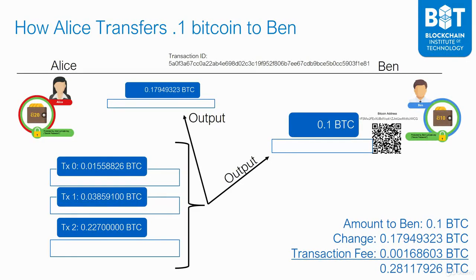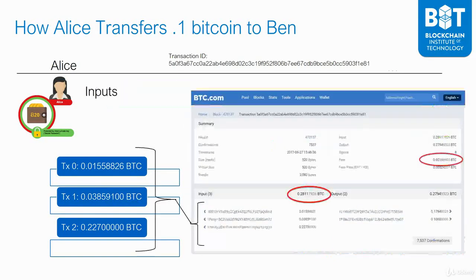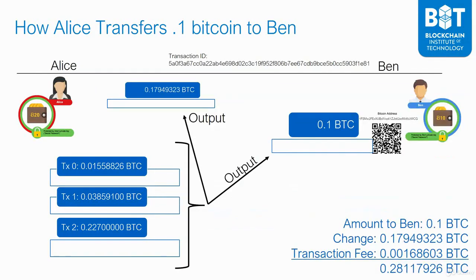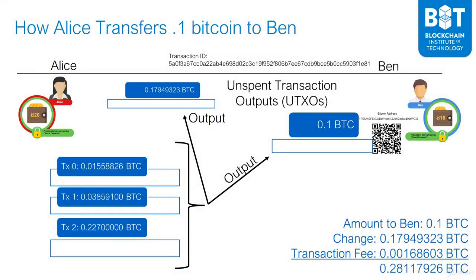When we go back into the specific Block Explorer, you see clearly that the inputs totaled the amount that we said. We said what the fees were that were going to go to the miner, and we're left with those two outputs. At this precise moment, these two outputs we're looking at, both the 0.1 Bitcoins that go to Ben and the change that goes back to Alice, are what is known as unspent transaction outputs.